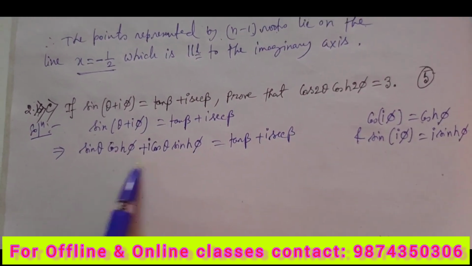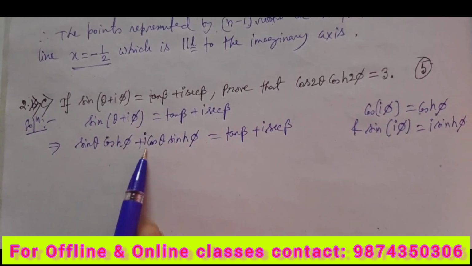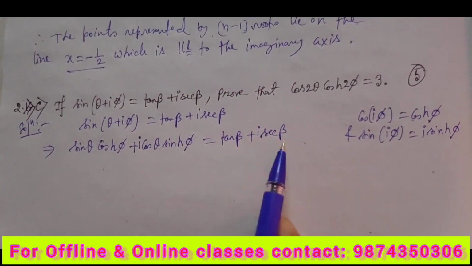Okay, so the left hand side is a complex number in a plus ib form, and the right hand side is also a complex number in a plus ib form.